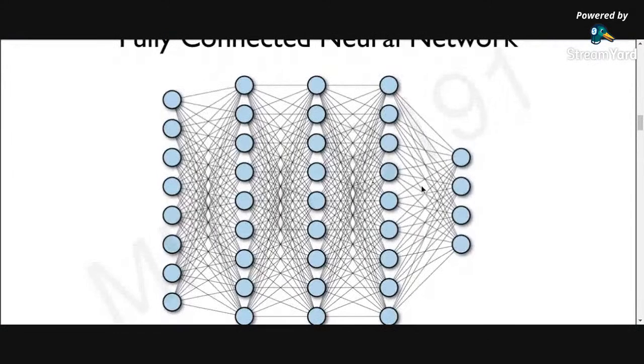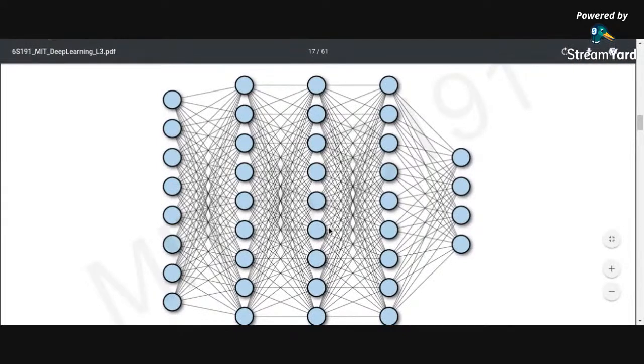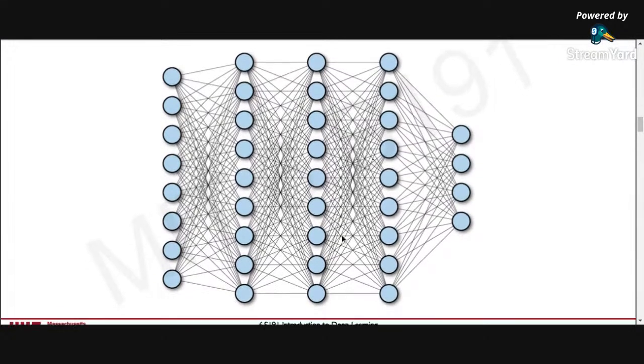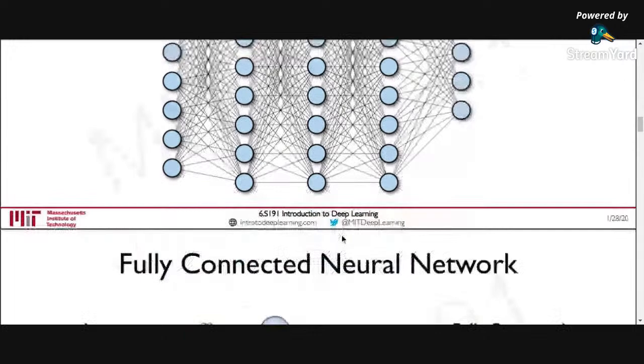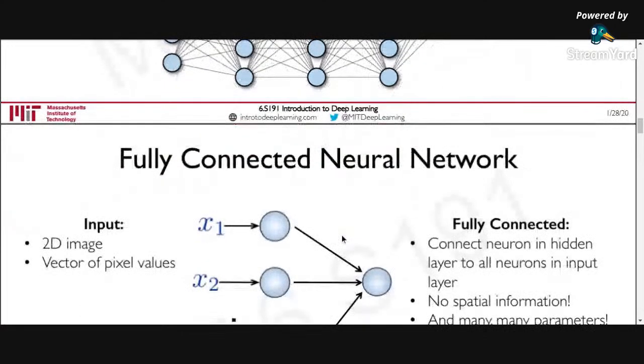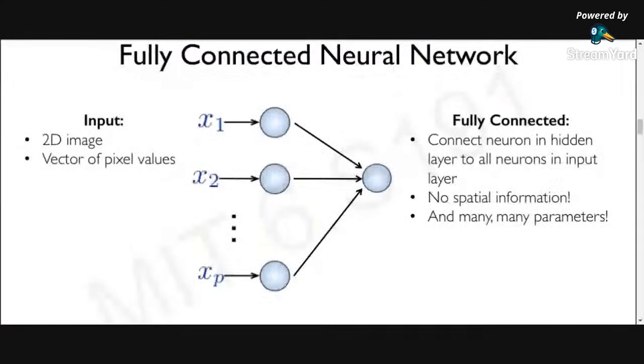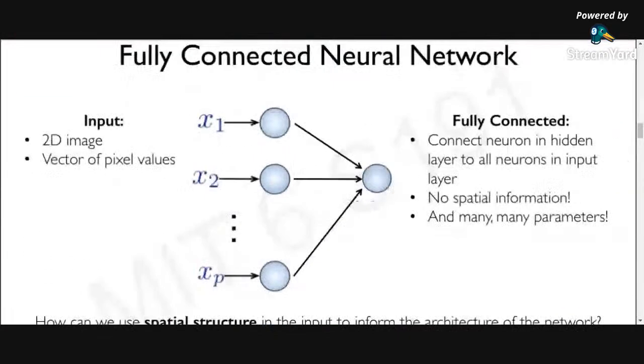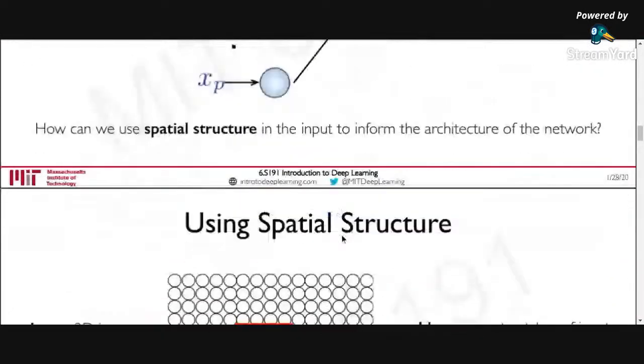In fully connected neural networks, every neuron in every layer is connected to the neurons in the other layers. This way we are able to find the particular features in an image. That is the X and that's the output.